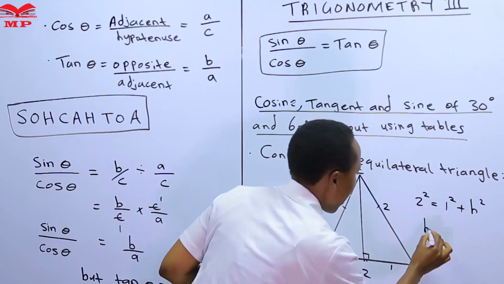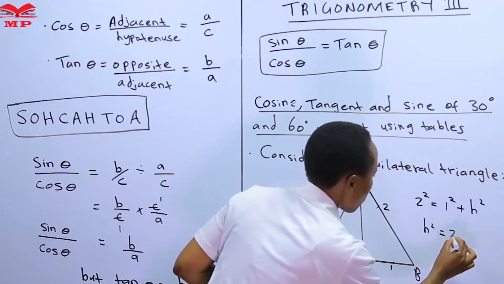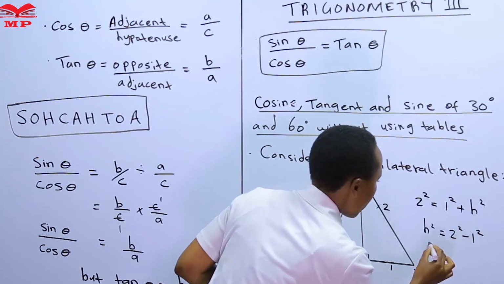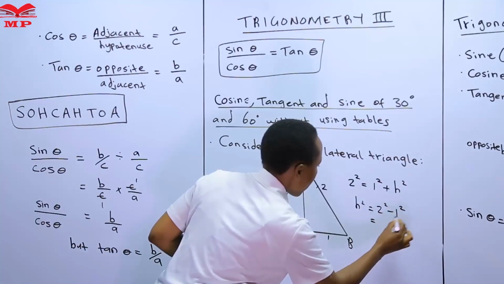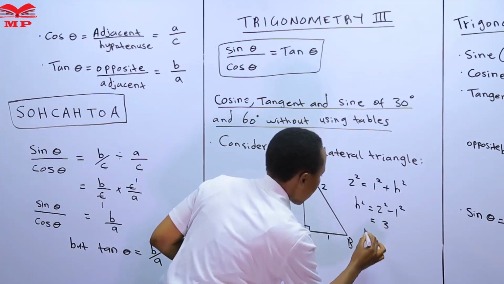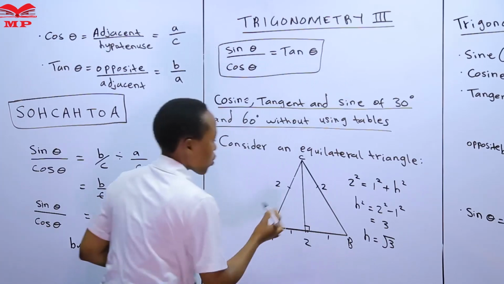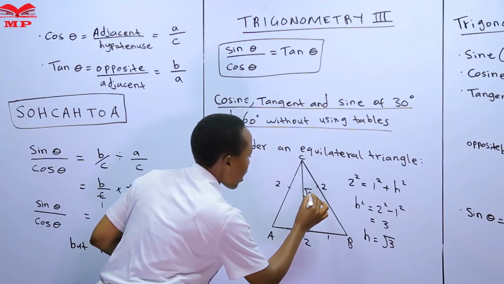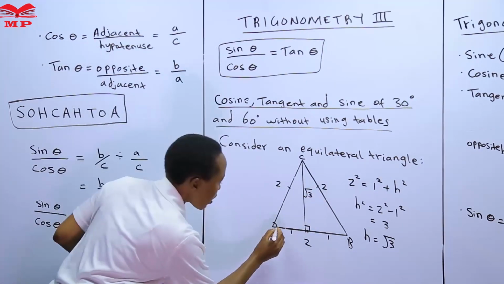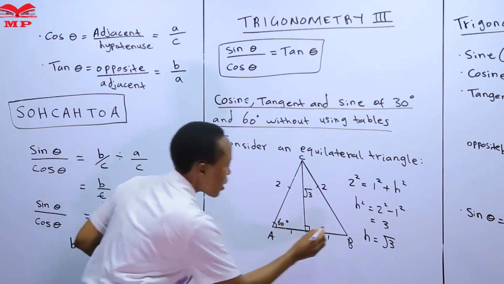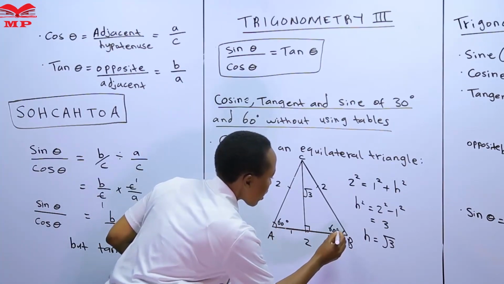So for us to get the height squared, we take 2 squared minus 1 squared, which is equal to 4 minus 1, that is 3. Therefore, h will be the square root of 3. So we have the height here as root 3. Remember, this angle is 60 degrees.